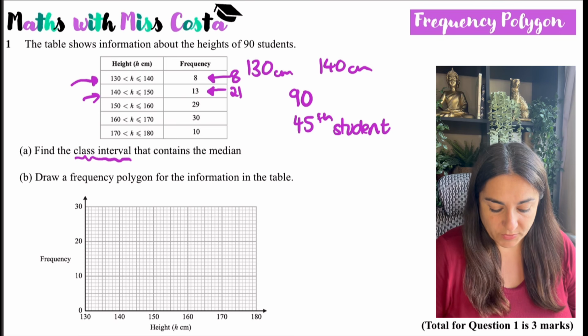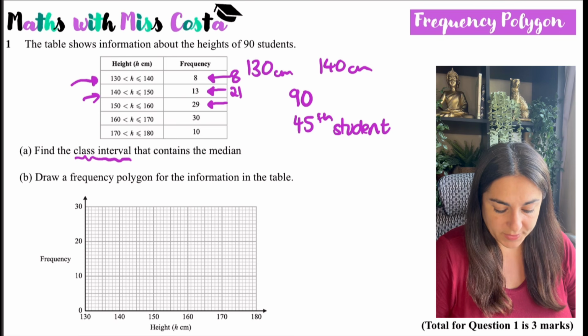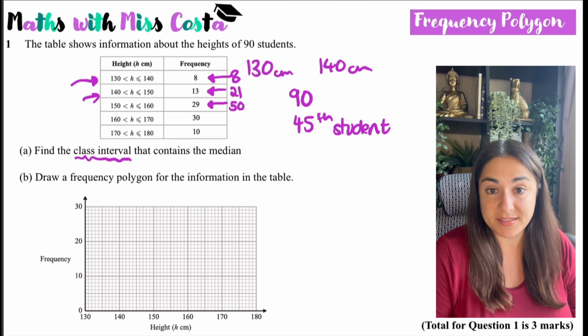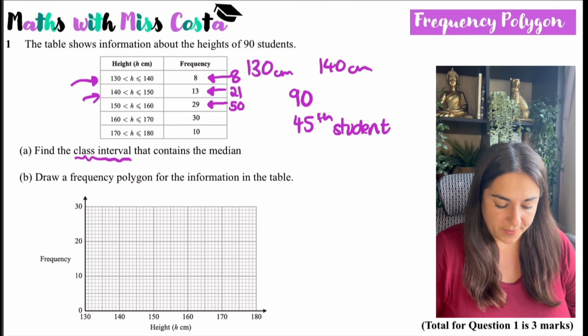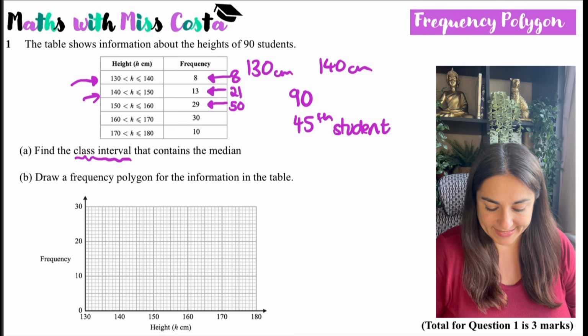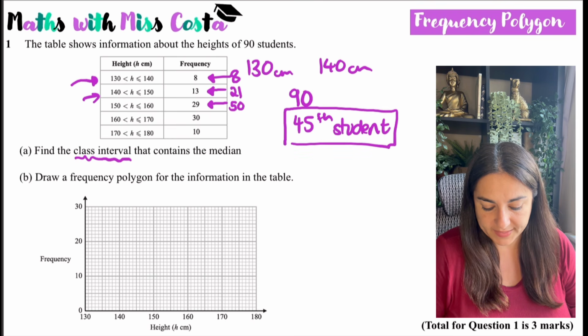Then I'm going to add 29. So 21 plus 29 is 50. So the first 50 students are up to a height of 160, and I'm looking for where the 45th student is.